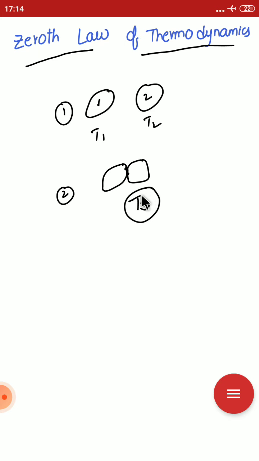Then the state of these two bodies is said to be in thermal equilibrium.